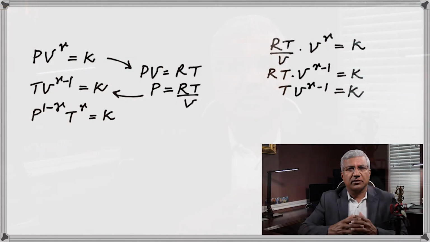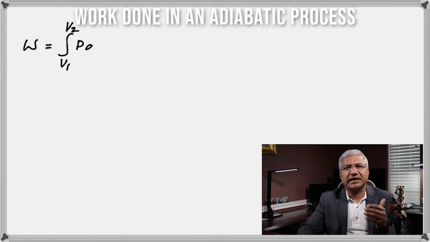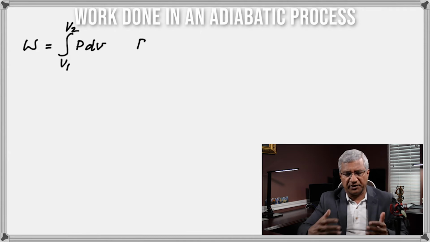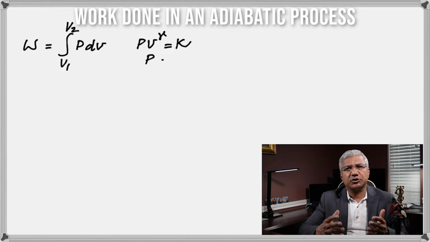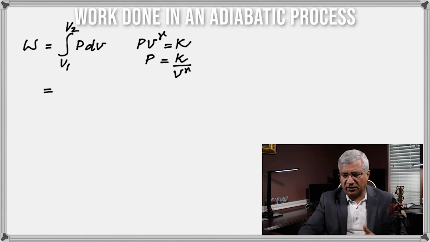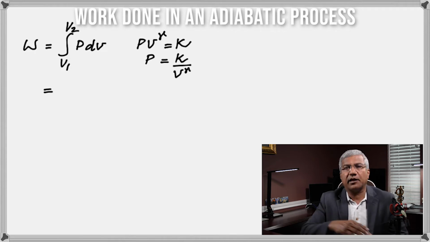Now let us find the formula for work done during an adiabatic process. We start with the fundamental definition of work, which is the integral from V1 to V2 of PdV. Because it's an adiabatic change, we use the adiabatic equation, PV raised to gamma is a constant, from where we substitute for P as K by V raised to gamma.